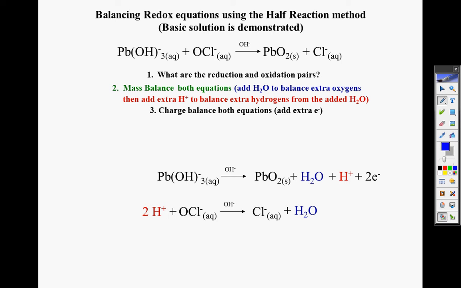Add 2 electrons. Jamarco, what did you do for the next one? Give it a shot. What's your total charge on the left? +1. What's your total charge on the right? So where do you think you'd add electrons, to the right or the left?